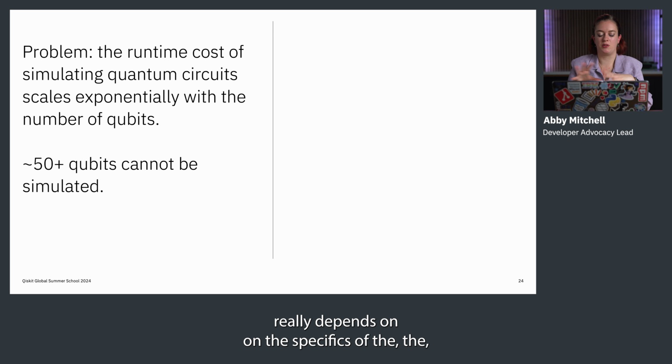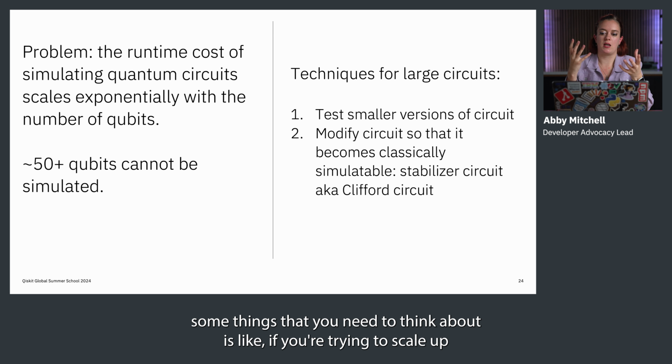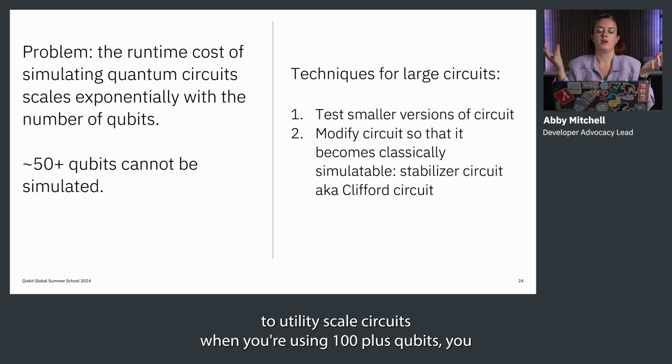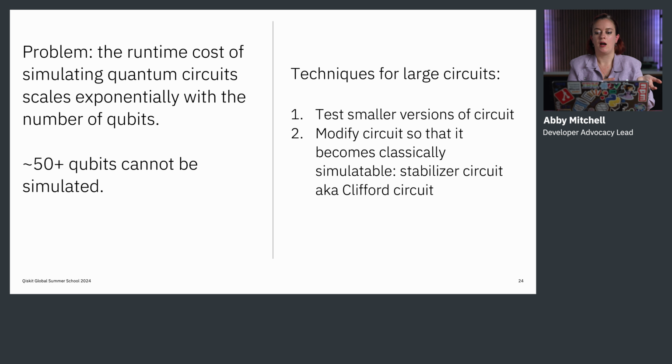Really depends on the specifics of the circuit you're trying to simulate. But this is where simulation really just becomes a stepping stone to get you to hardware. Some things that you need to think about is if you're trying to scale up to utility scale circuits when you're using 100+ qubits, simulation is not going to be able to get you the answers that you need.